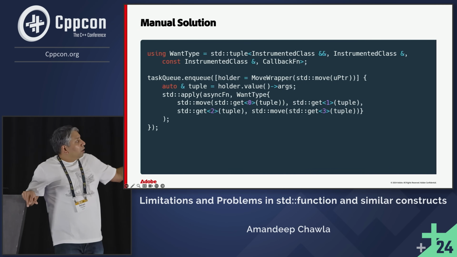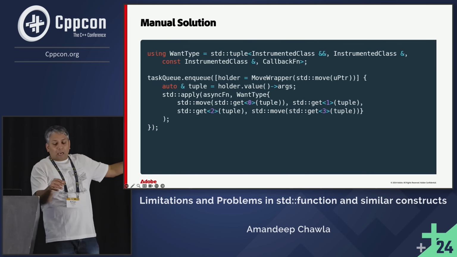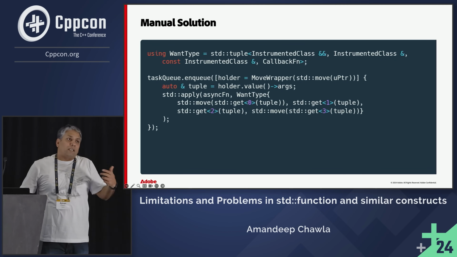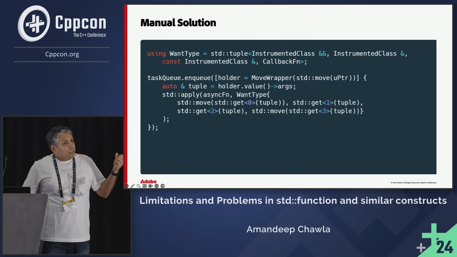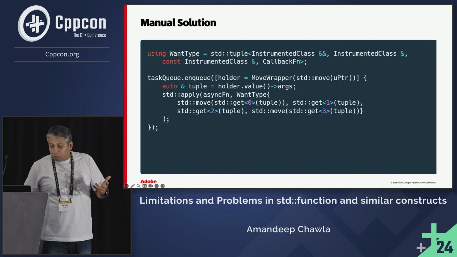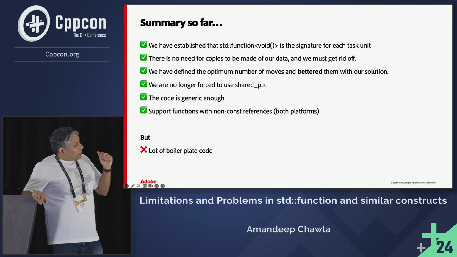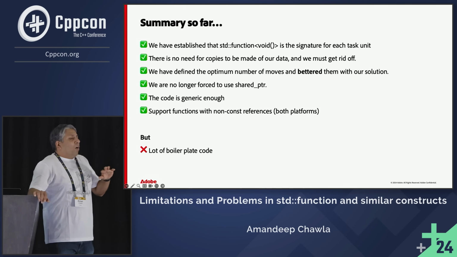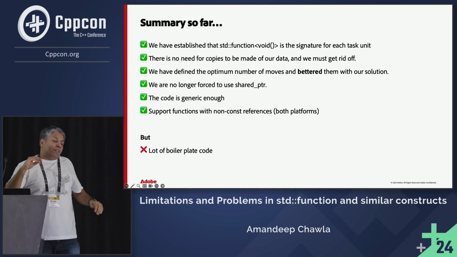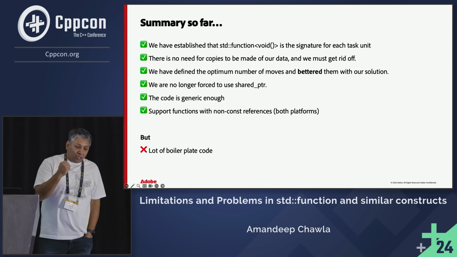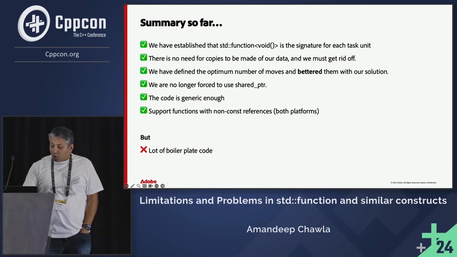Okay. So this is what if we are able to do, our first problem is solved, that even I can use this mechanism to call functions with references too. Okay. So now we support functions with non-const references, but it is a lot of boilerplate code. And every time, whenever I am stuck with a function, whatever the type of the function is, I have to hard code it.